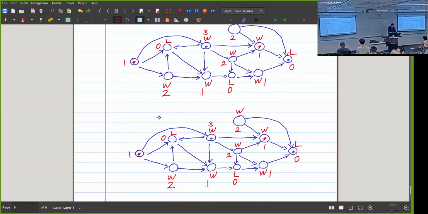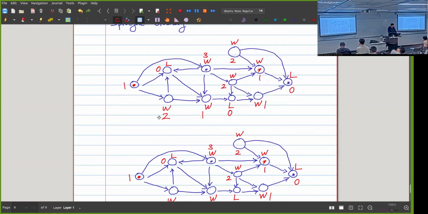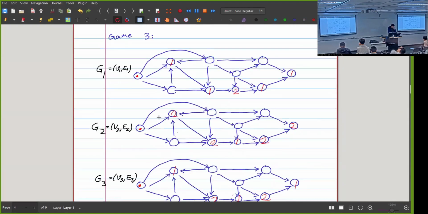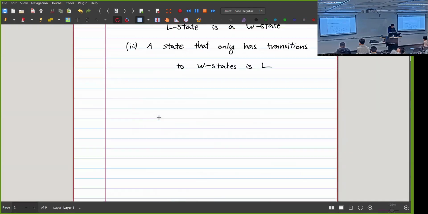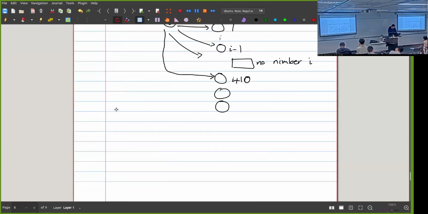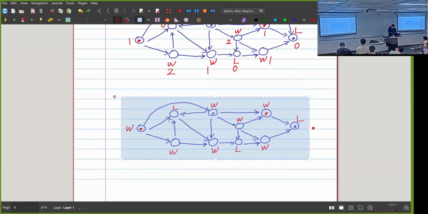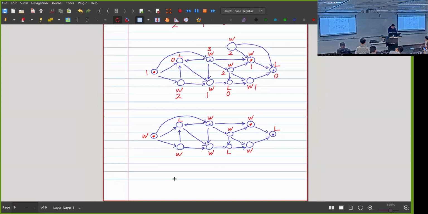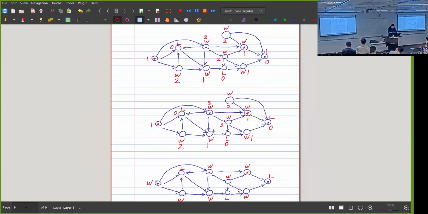Now imagine if I have several games, and these games can be the same or they can be different. So let me just copy my very first game, which was a little bit different. So let's say I copy this one and I add it here. So now I have the sum of 3 games. So I have 3 games, and at every step you can make a move in only one of them.